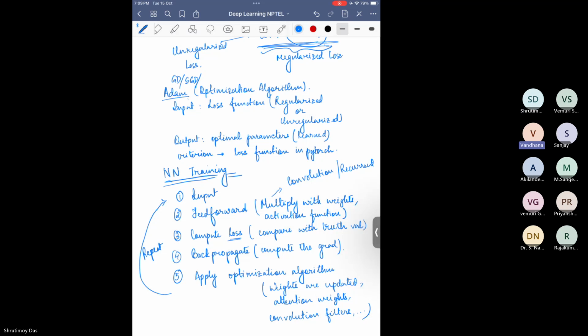So in the beginning, we are defining the loss function in the beginning itself. Yes, right. And the activation function we define later.